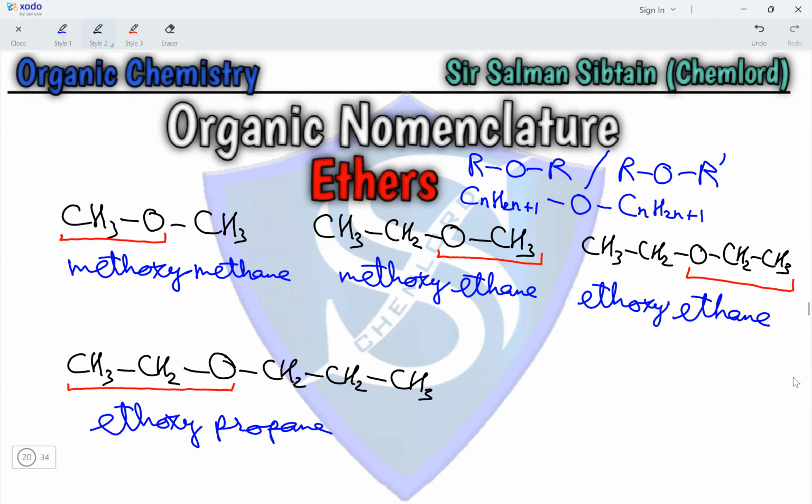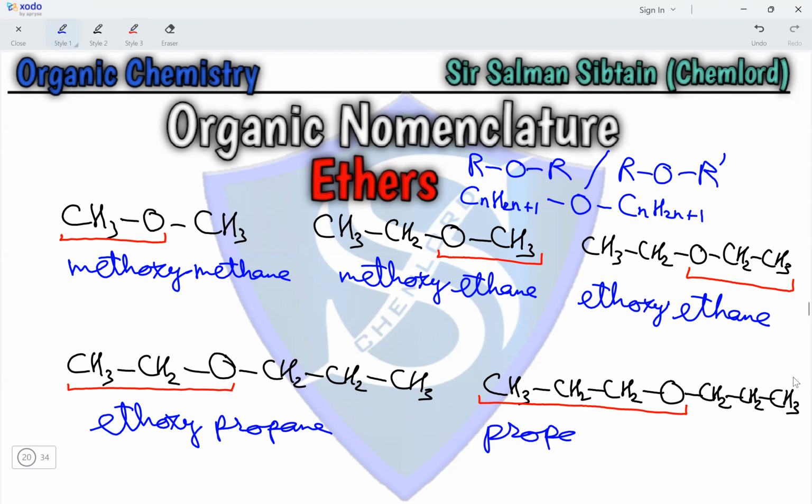In another example, if we have three carbon atoms on each side, CH3-CH2-CH2-O-CH2-CH2-CH3, either of them can be called the substituent group. So the name of the compound would be propoxy for the substituent group and propane for the parent compound.